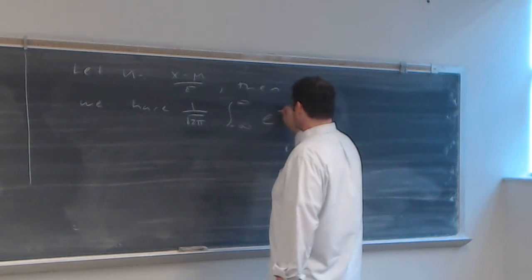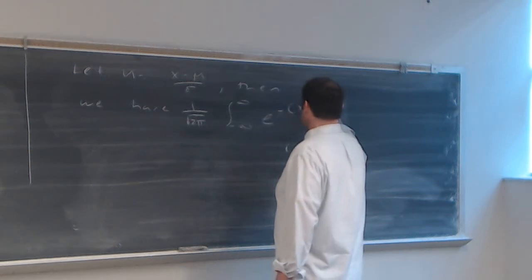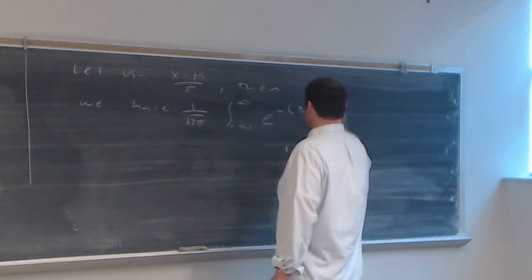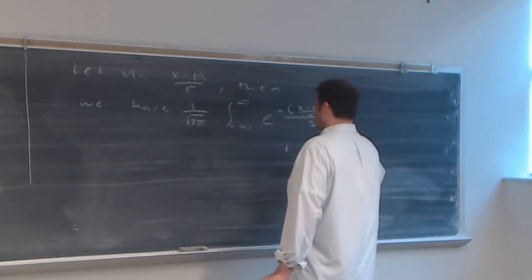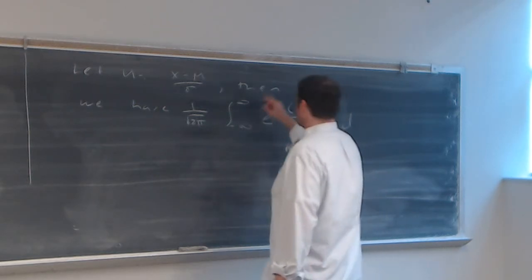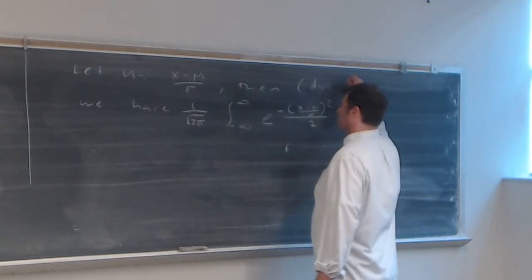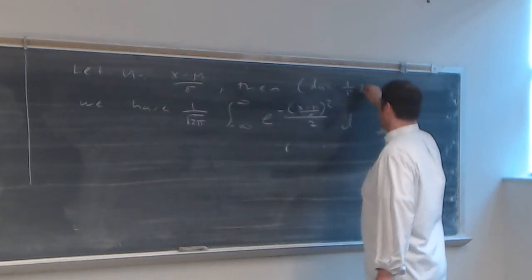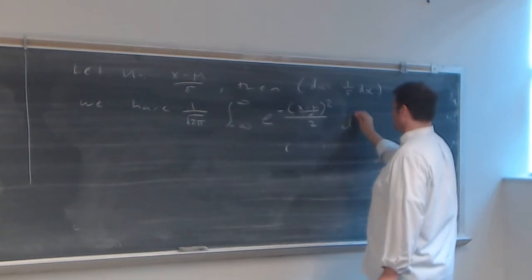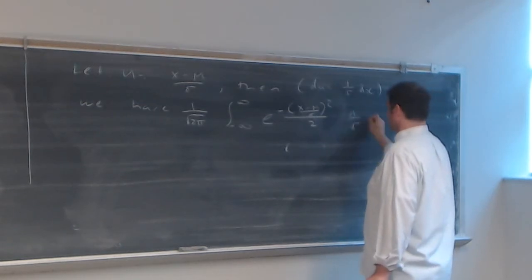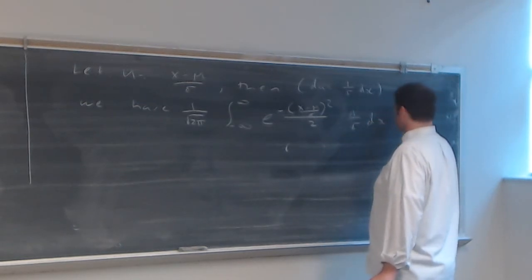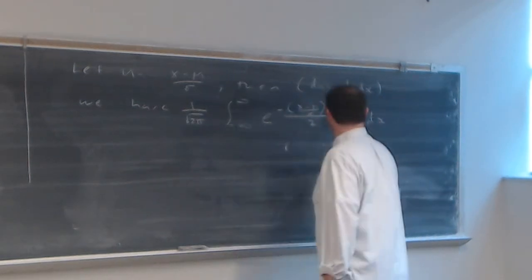This will be e to the minus quantity x minus mu over sigma, quantity squared, all over 2. And then, I should have written here, let's not forget that du would be equal to 1 over sigma dx. So we had a du, so I write down 1 over sigma dx for this.